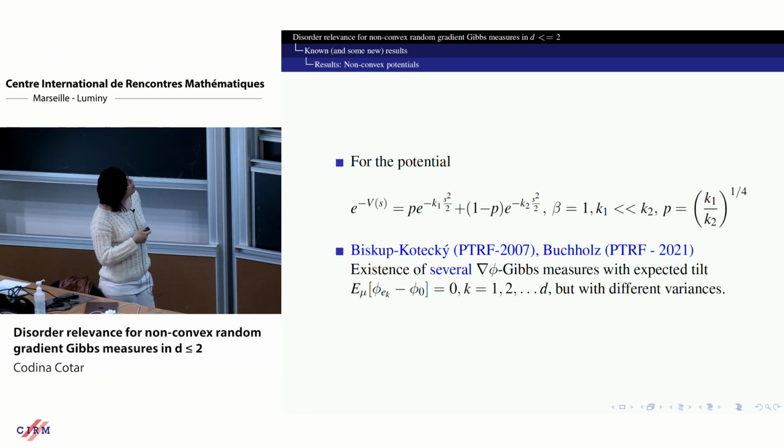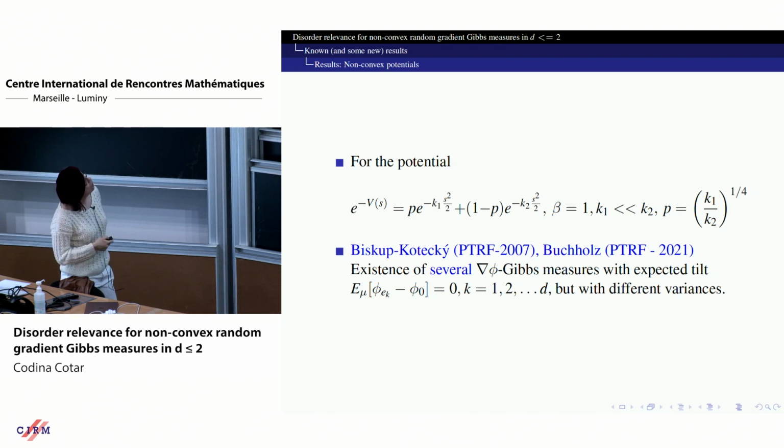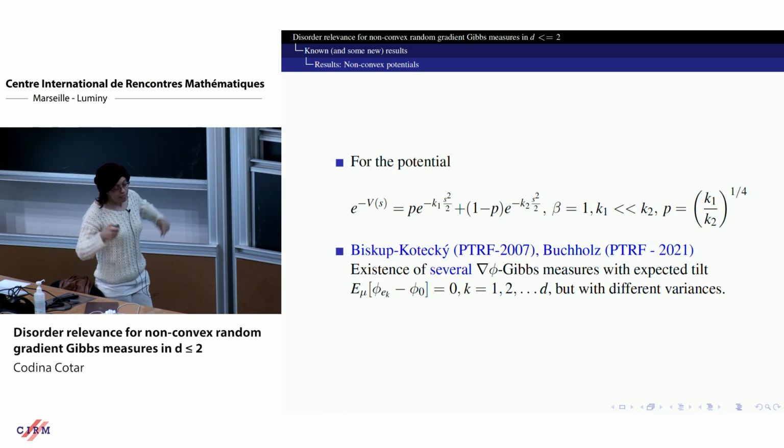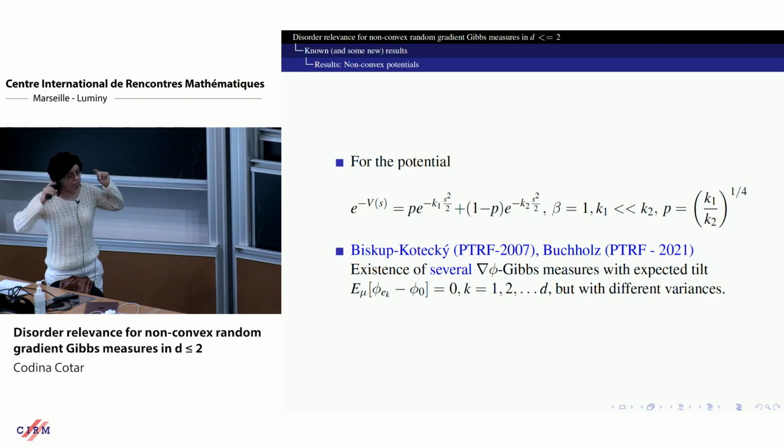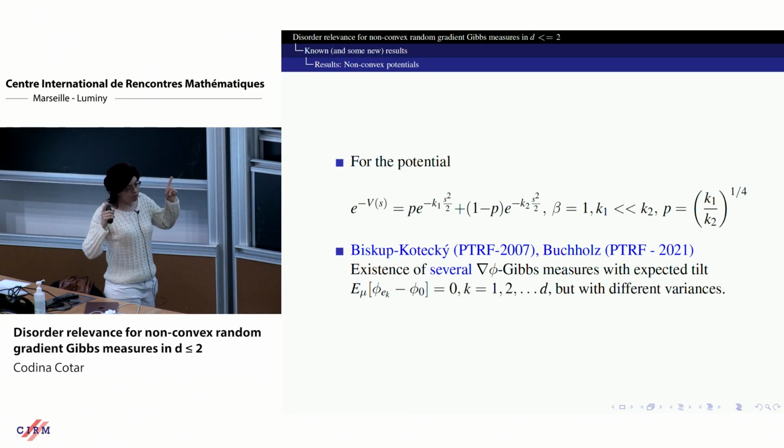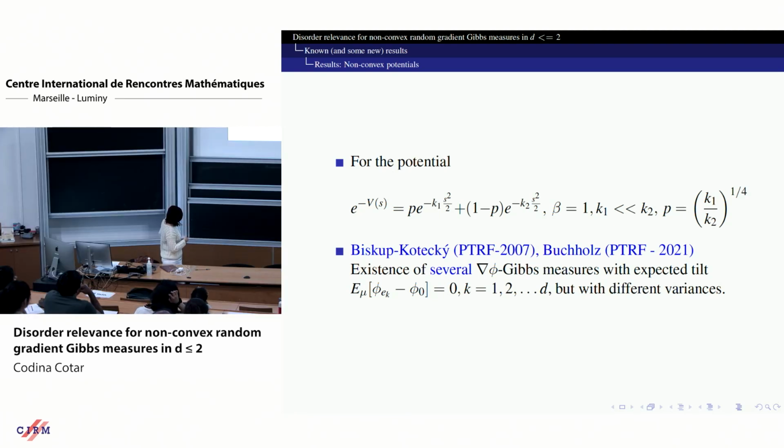For such a potential, a mixture of two Gaussians in a non-convex setting, Marek Biskup with Roman Kotecký proved that you have at least two infinite volume gradient Gibbs measures which are ergodic and have this expected tilt.